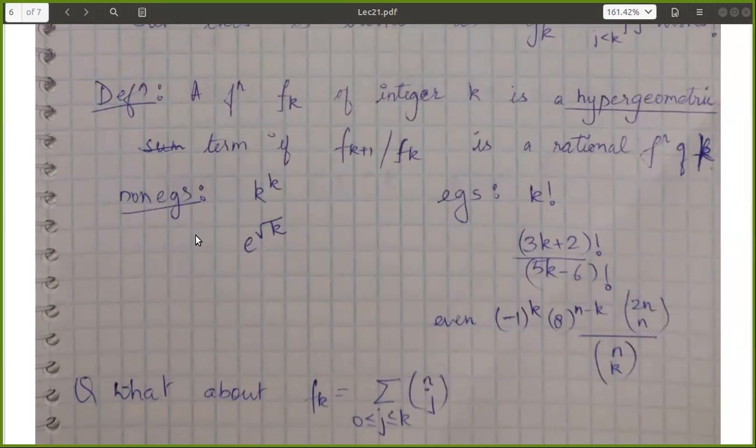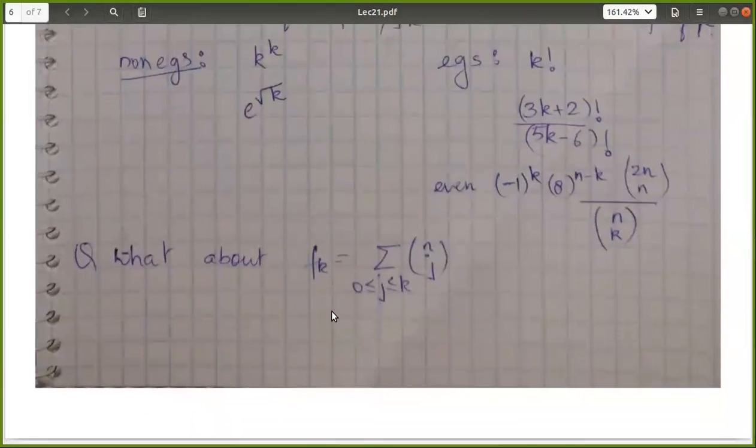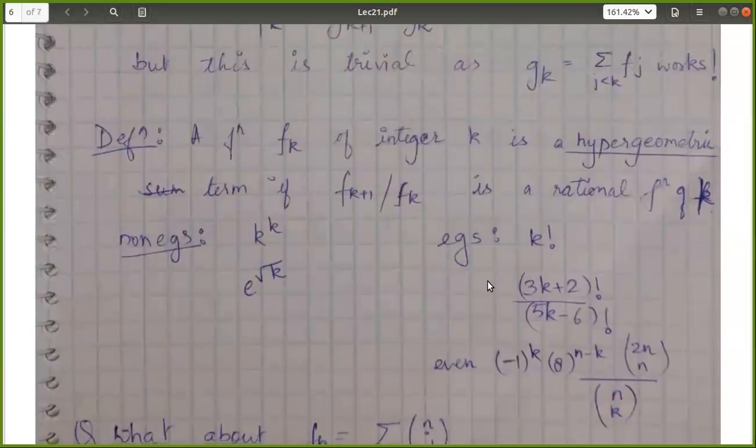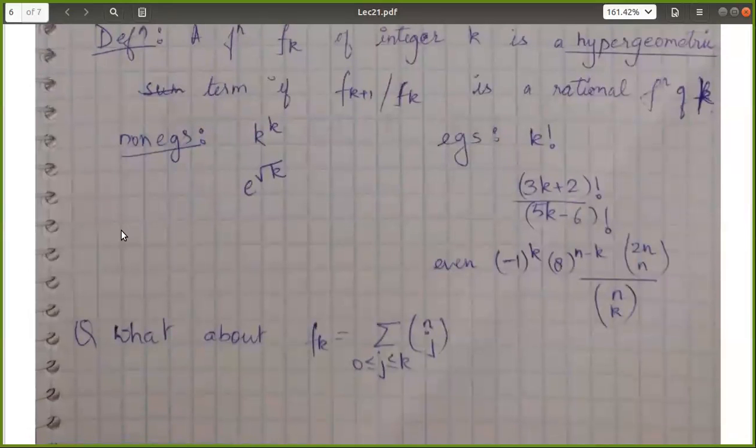And what I was saying is, this particular function f of k, which I showed at the bottom, what can you say about it? Is this going to be a hypergeometric term or not? I think it will be. Yeah, but thinking does not work.